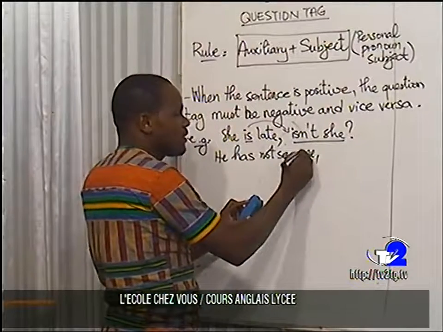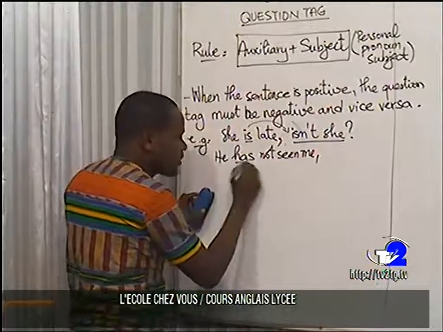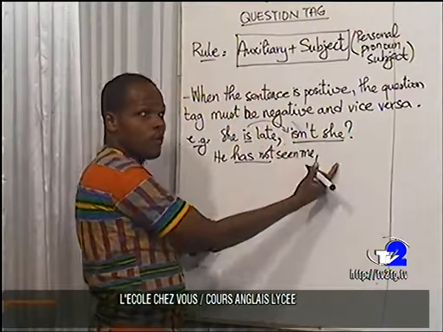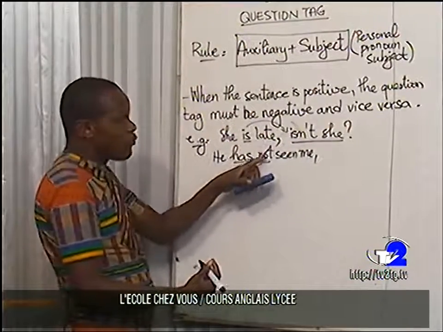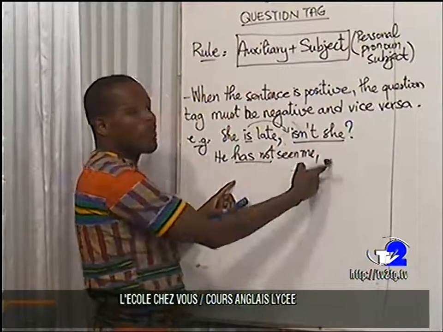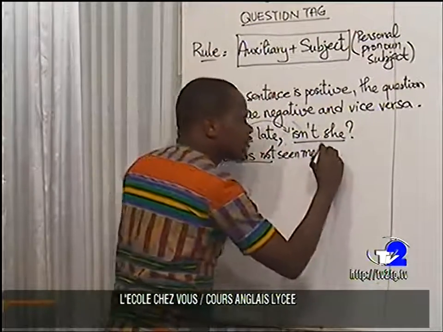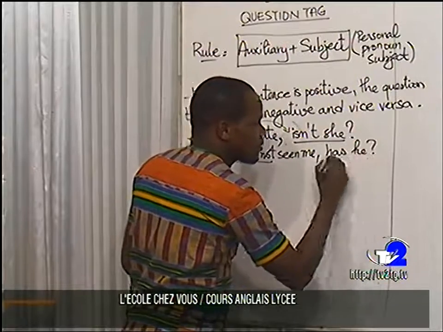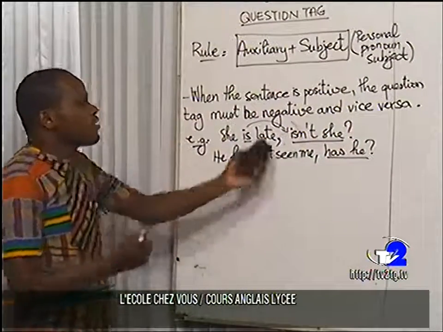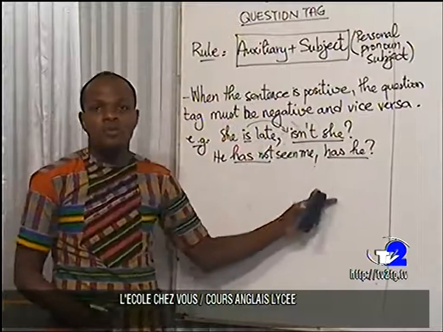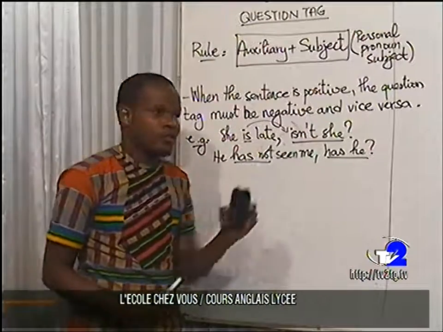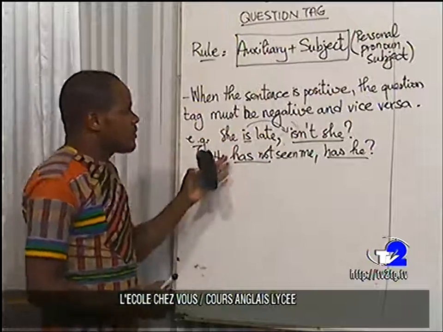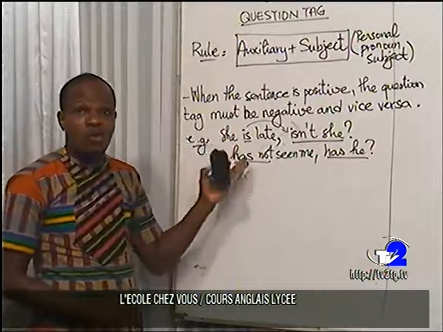The question tag of this: first of all, the verb in the sentence is "has." It is an auxiliary verb. So what form is it in? Negative form. So your question tag should be positive. So we have to say "has" and add the subject, which is "he." So by doing so, we are forming what we call the question tag. So that is the first thing to know about the use of question tag.